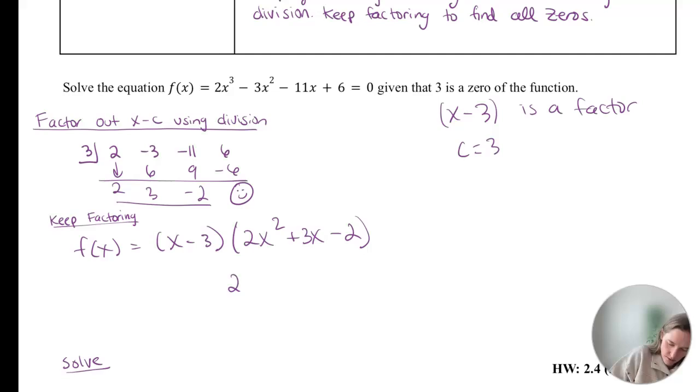So let's see here. We're looking for factors that multiply to negative 4 and add to 3. So that would be 4x and minus 1x. So we rewrote the middle term. Now we factor by grouping.